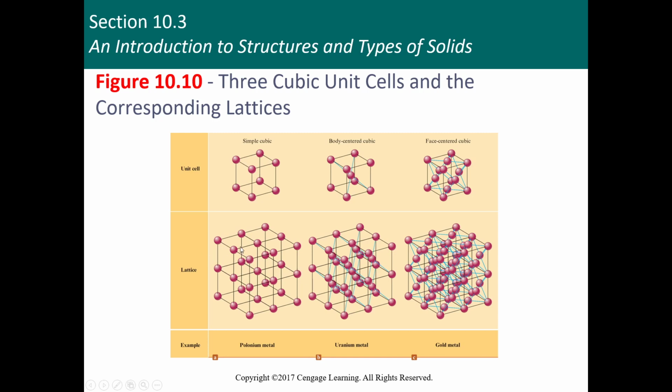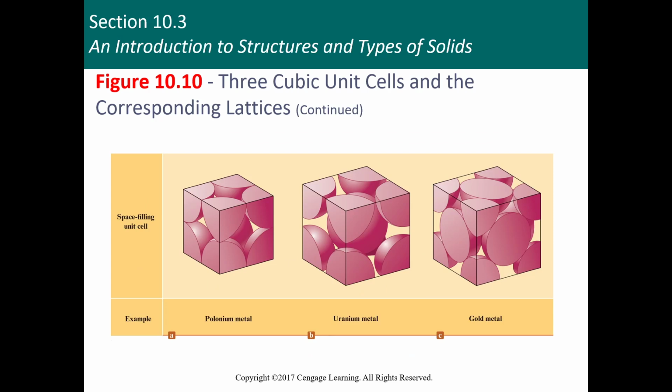The whole thing is not in a single cube. This one right here, the whole thing is in that center. So these faces, half of the atom would be in this cube, half of it would be in the next cube. So keep that in mind. By the way, this is uranium right here, and this would be gold, are both examples of those two, respectively.